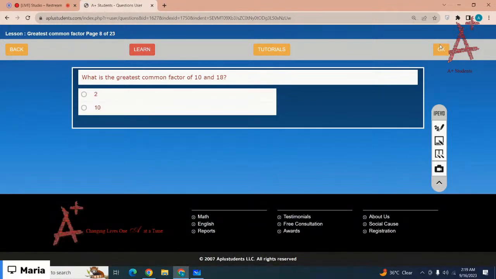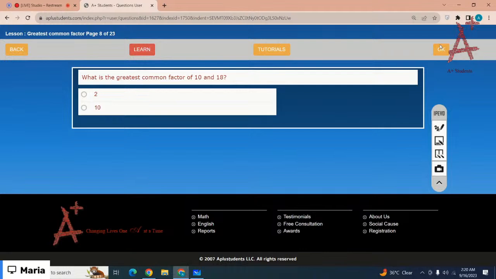What is the greatest common factor of 10 and 18? So you have to find the greatest common factor of 10 and 18, right? You are given two options, 2 and 10.